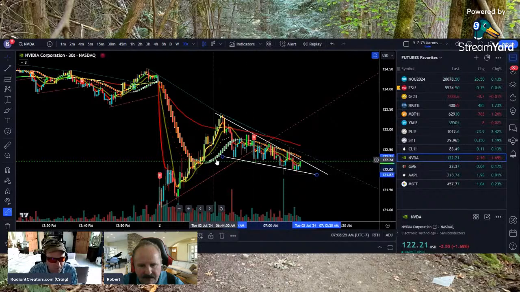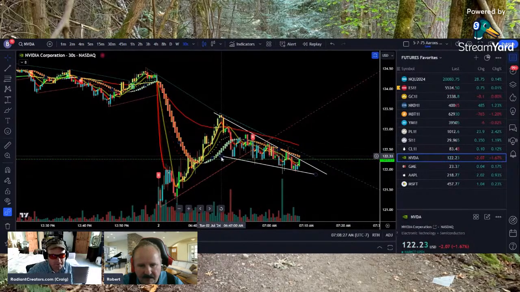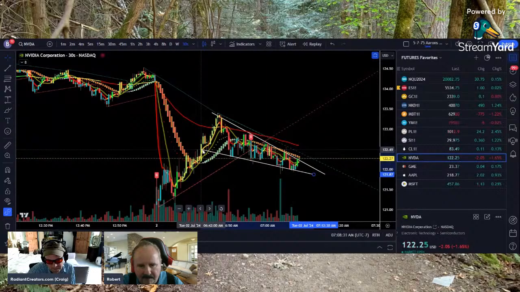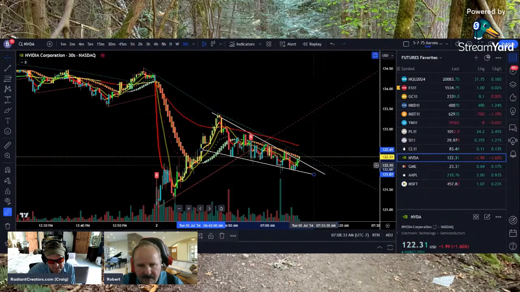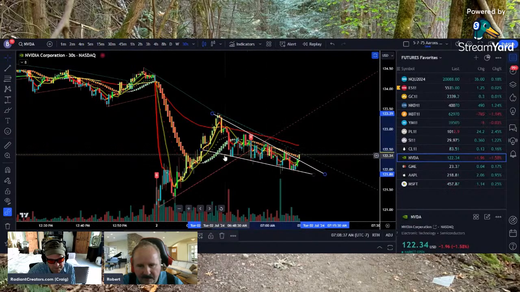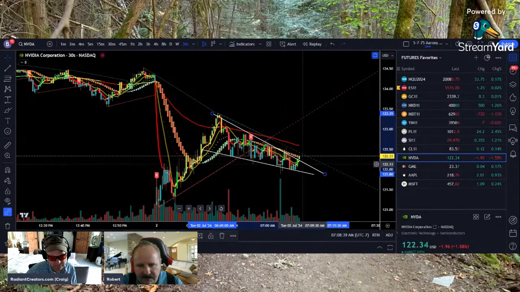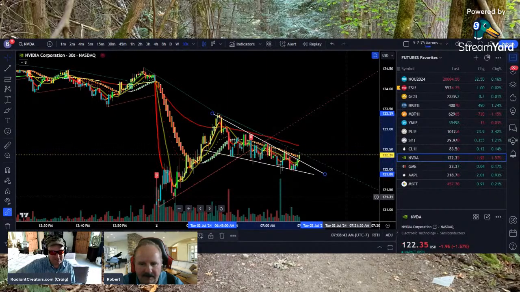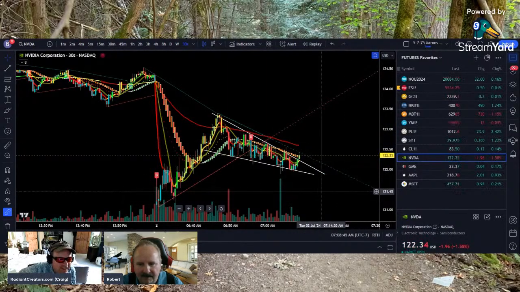I think it actually is. Yeah, it is kind of a falling wedge. That looks like it's going to break out. Oh, there it goes. There's the breakout on the 30-second candle.